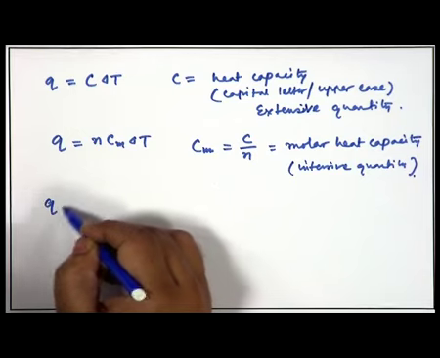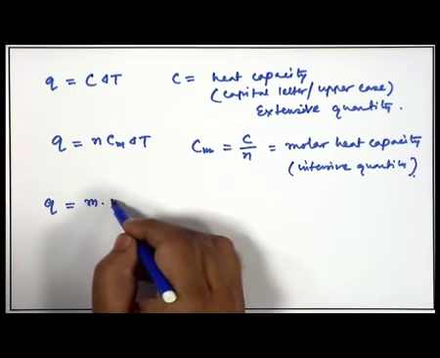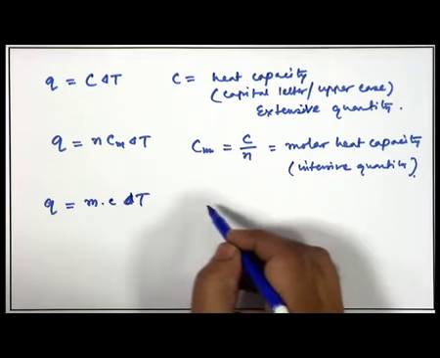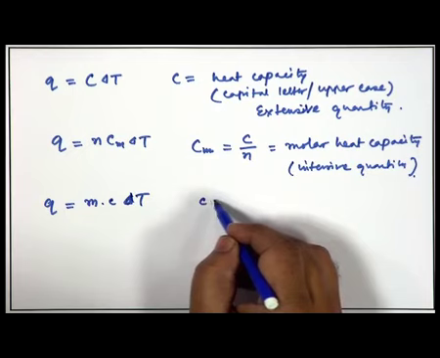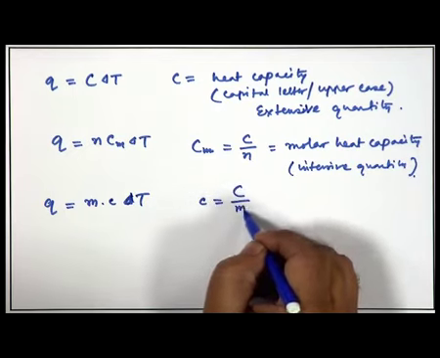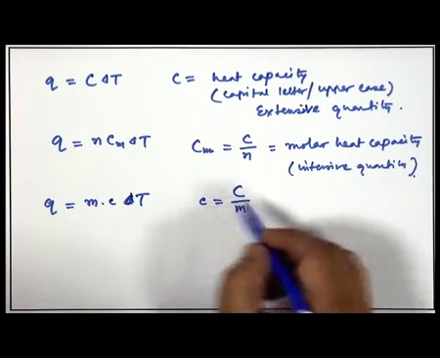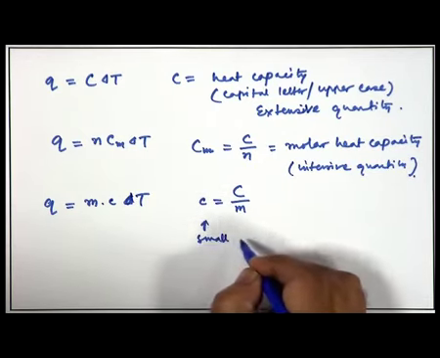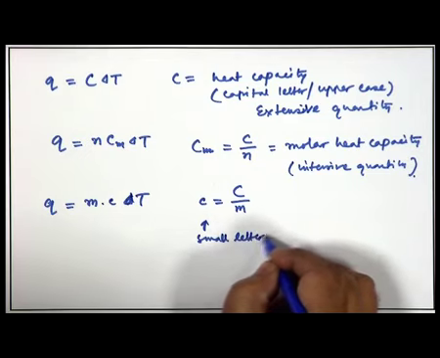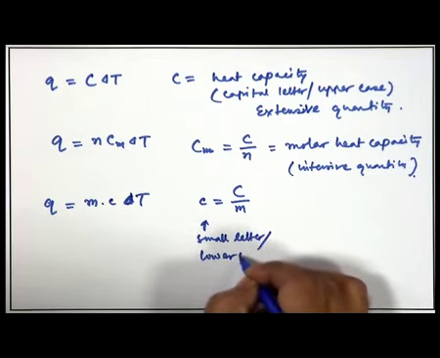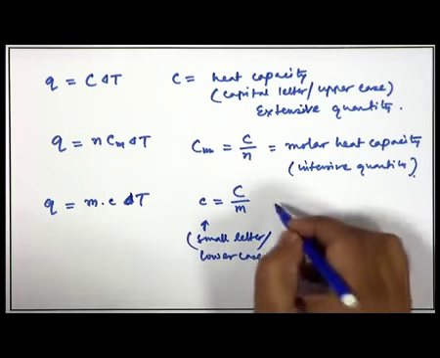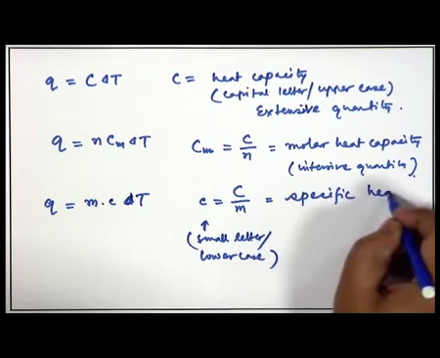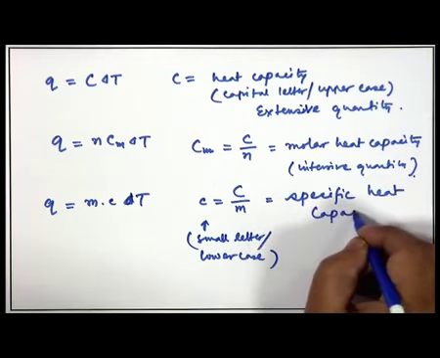We can also express it in terms of mass and small c, where c is capital C divided by m, and m is mass. In this case remember c is a small letter or lower case, and we are calling this the specific heat capacity.